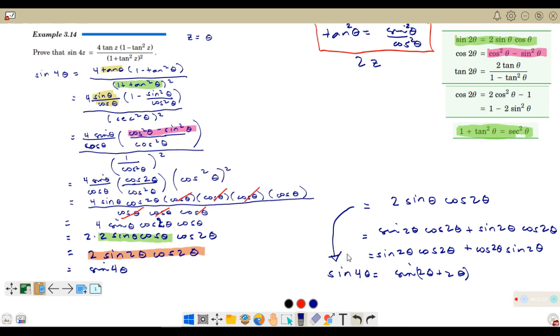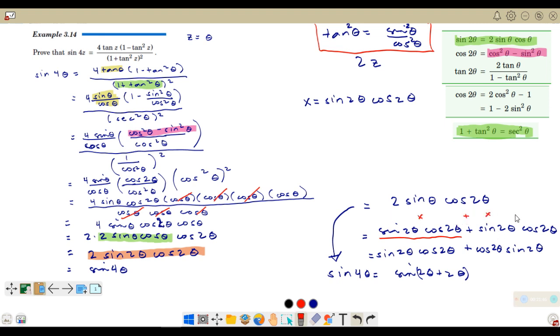Okay? Ayan, baka medyo nalilito pa ulit. Ito po, sin 2 theta cosine 2 theta, para lang tong algebra. If you have x is equal to sin 2 theta cosine 2 theta, ibig sabihin dito, meron kang x plus x, di ba?